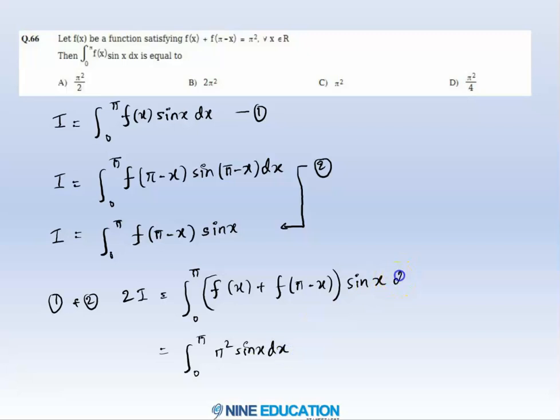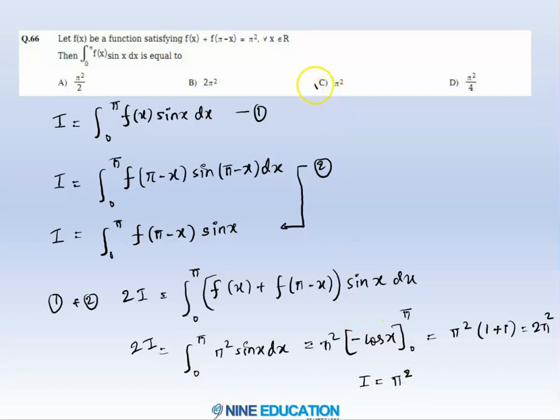Pi square is a constant, so I can take it outside, and basically it will be sin x integration, that is minus cos x, and if I put the limit 0 to pi, cos pi is minus 1, so this will become pi square times 1, and then minus of minus 1, that is basically plus 1, so 2 pi square. But this is the answer of 2I. So I is equal to pi square, which is option number C.